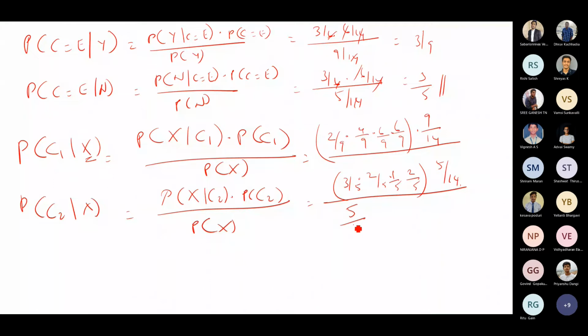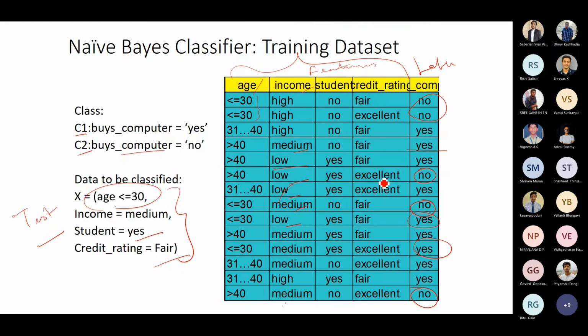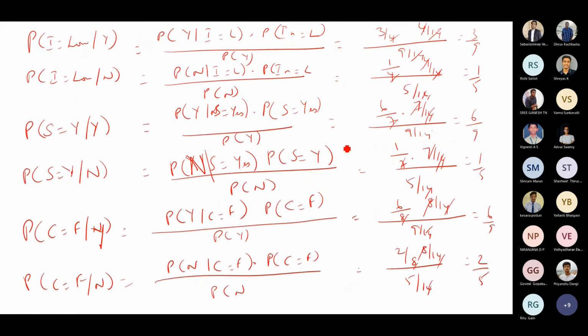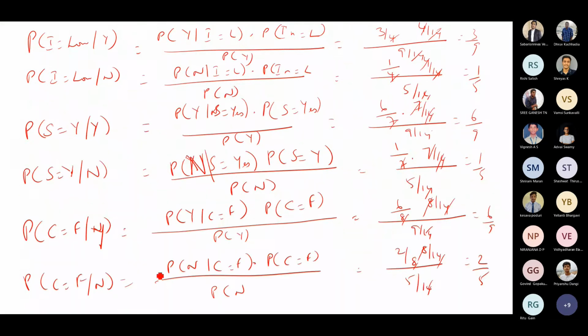Denominator is 5 by 14 into 6 by 14 into, next one is student is equal to yes. So there are how many students? 7 students, right? So 7 by 14, multiplied by the last component, credit rating is equal to fair, which is 8 by 14.